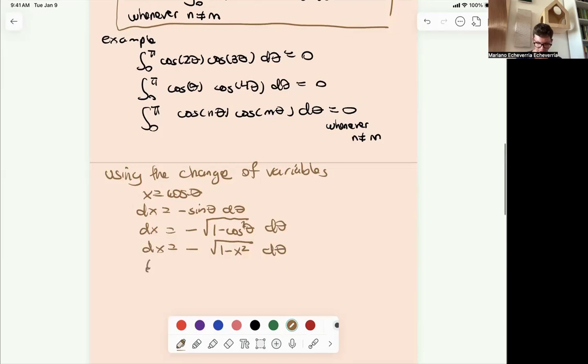This is kind of what I was doing towards the end of yesterday's class. You can do all of this work if you wanted to see these integrals in terms of theta.